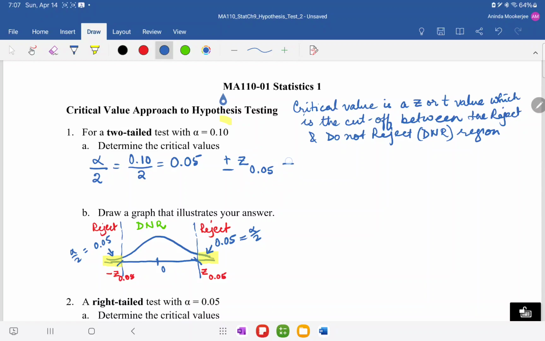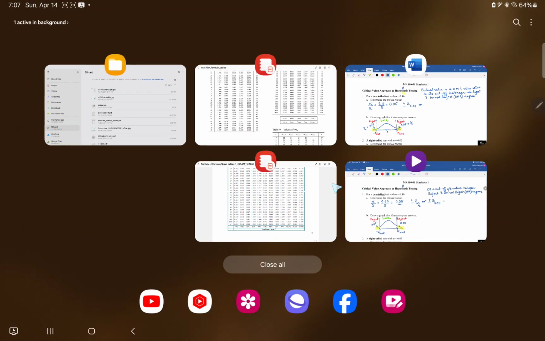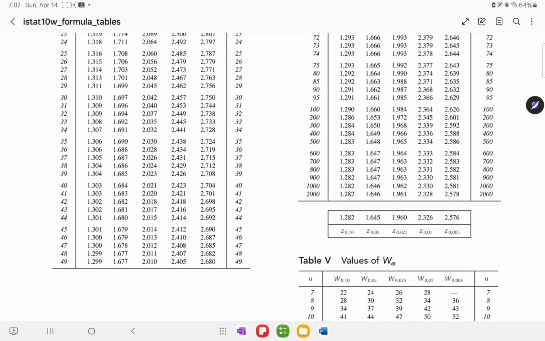So now we have to either consult our table, or if you have a graphing calculator with a statistical package in it, you can look up the z value there as well. But I'm going to go to the table, and today I'll use the table for the statistics 2 student, which is this one.